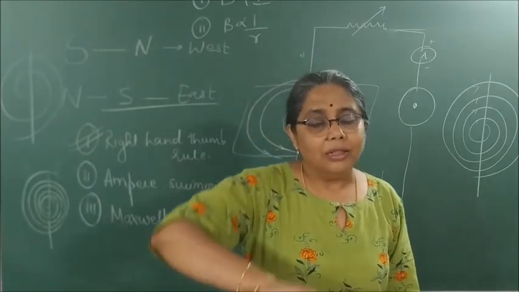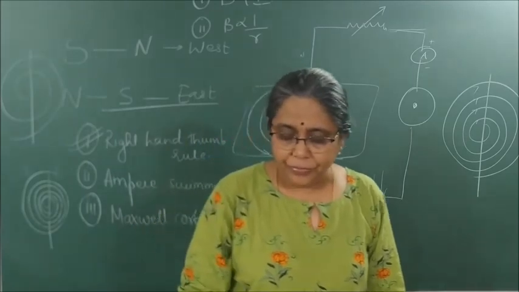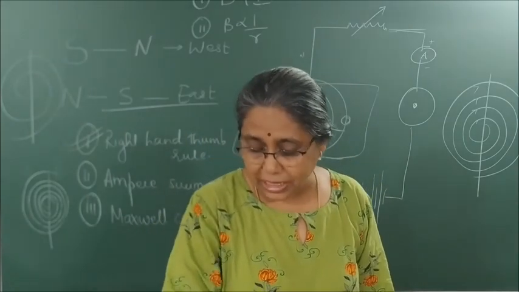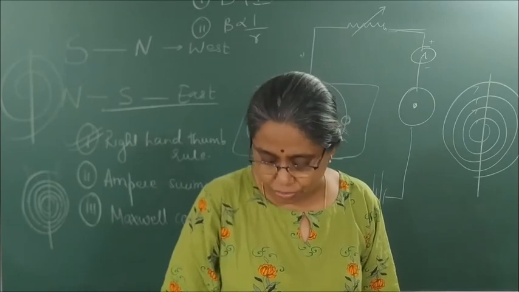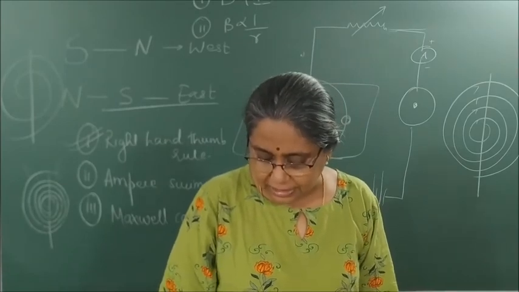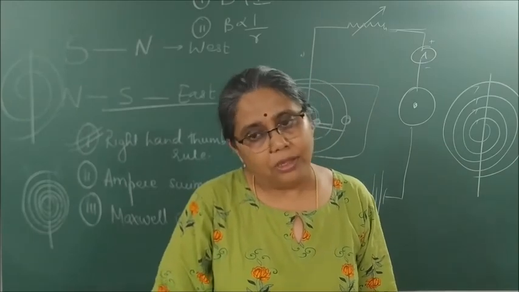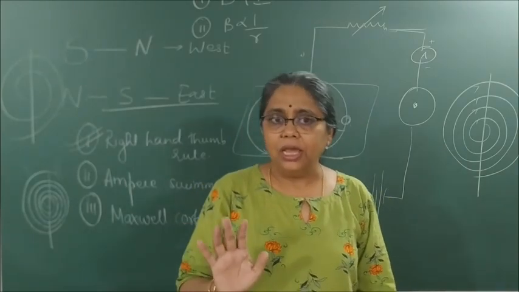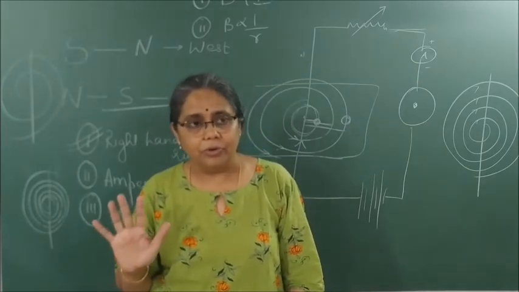Then you can say the wrapped up fingers show the direction of magnetic field. This is known as right hand thumb rule. The rule is also called Maxwell corkscrew rule. If the direction of the current is the direction the corkscrew advances, then the direction of rotation of the corkscrew is the direction of the magnetic field. Just remember, it is also called Maxwell corkscrew rule. Clear?